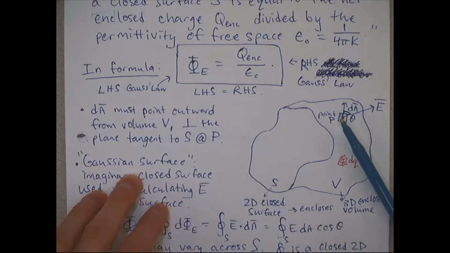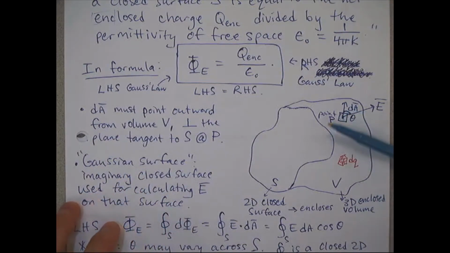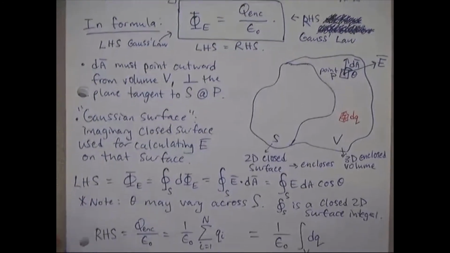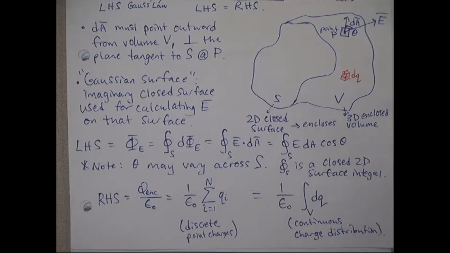That dA vector must be perpendicular to the plane that is tangent to the surface at a given point, P. This Gaussian surface we'll refer to is an imaginary closed surface used for calculating electric fields on that surface. And we'll see that Gauss's law is only useful when there is a high level of symmetry in your problem.